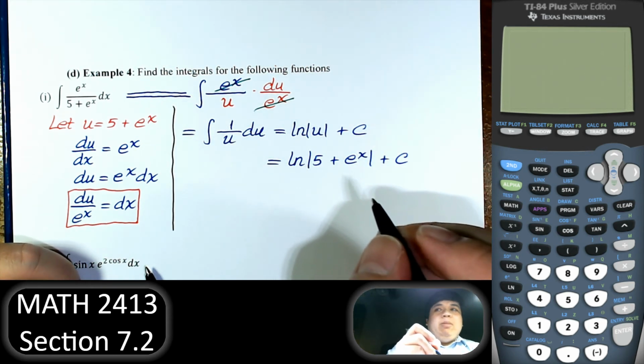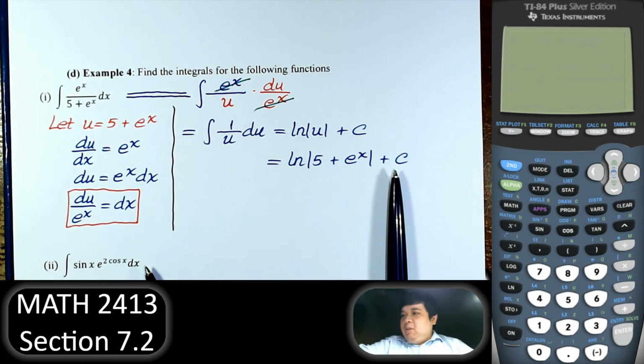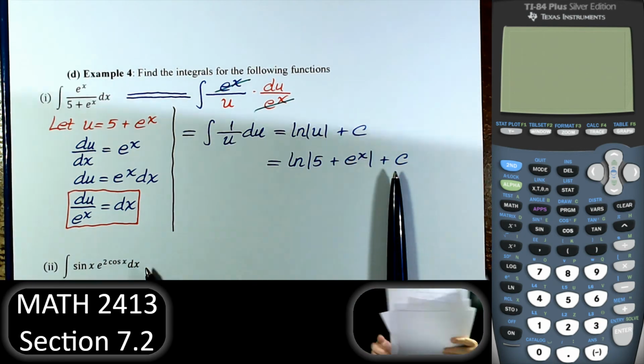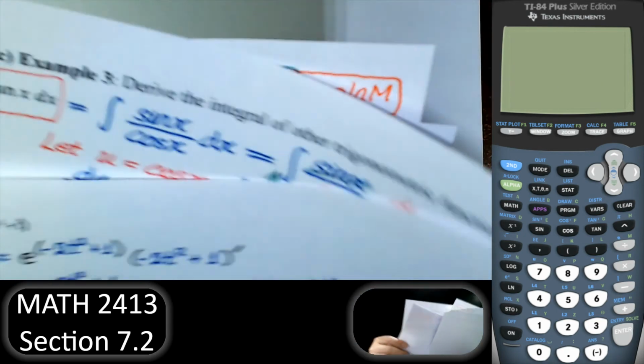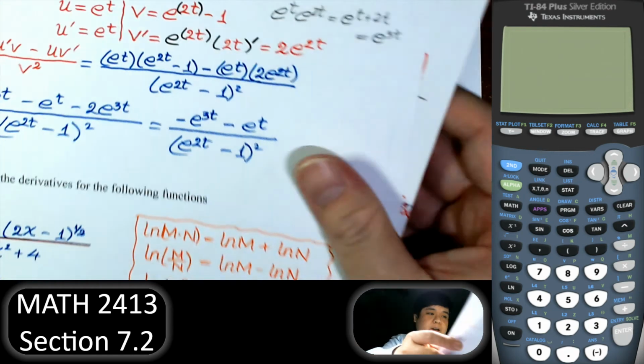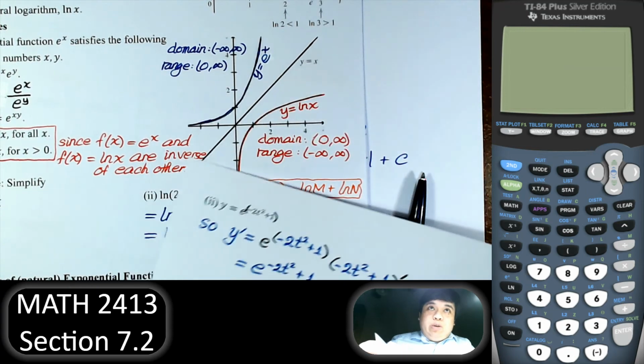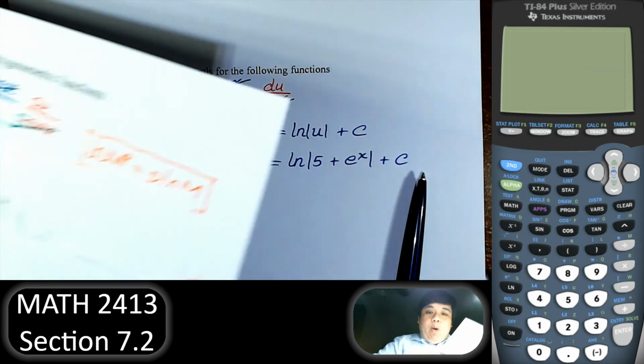Now, remember, did we say anything about the domain and range of the exponential function? The range of the exponential function looks like that, so it can only be positive.